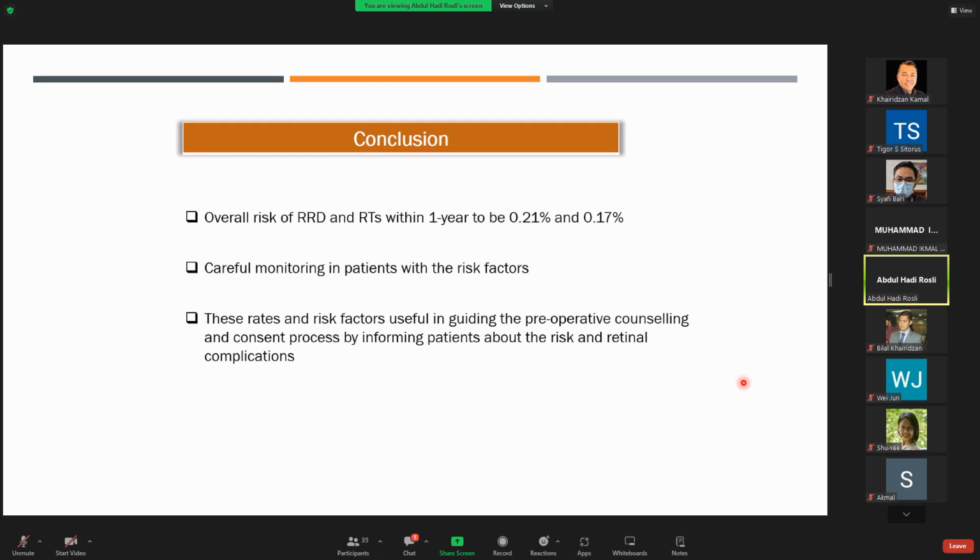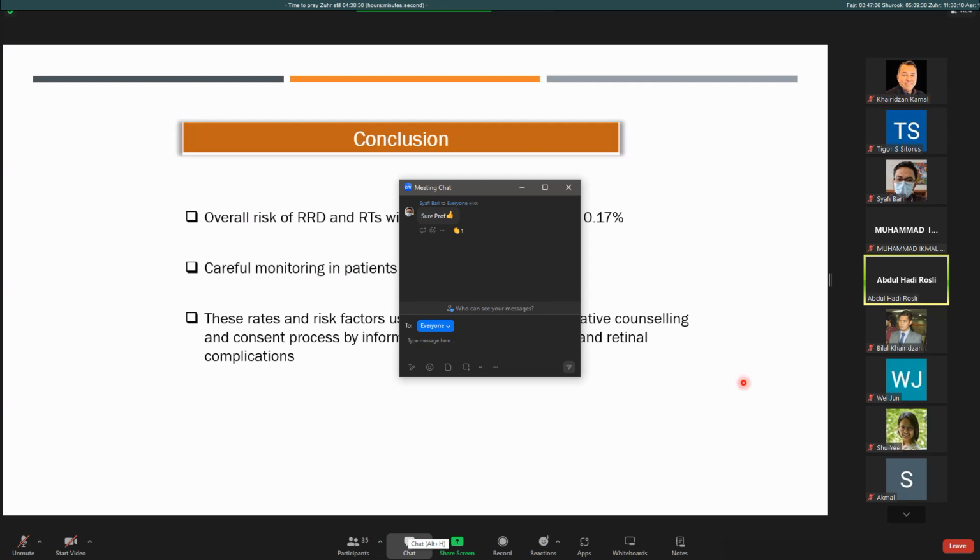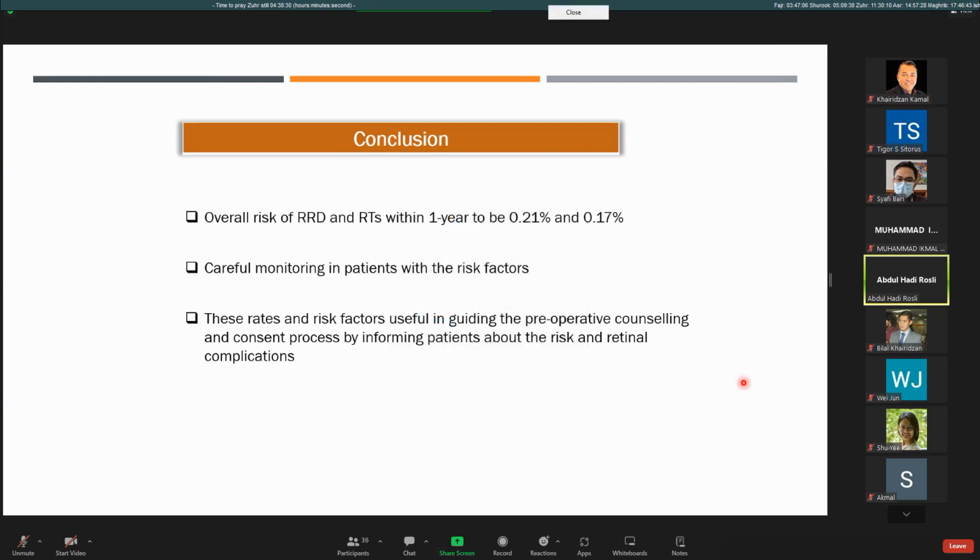So the patient understands that their eyes are a bit special compared to other patients. That's why they really need to understand the risk of developing pseudophakic RRD or retinal tear later. We have to inform the patient about this risk so that they understand better.